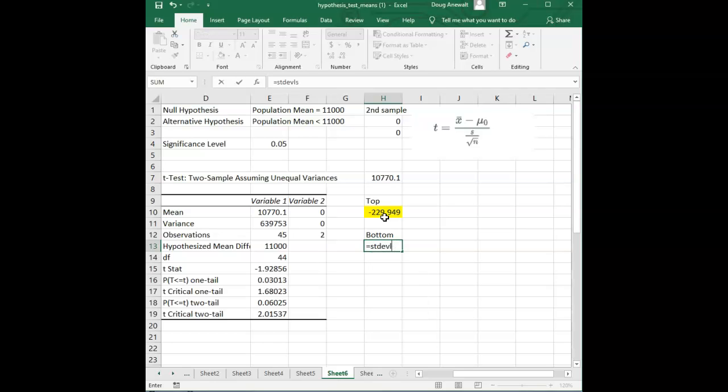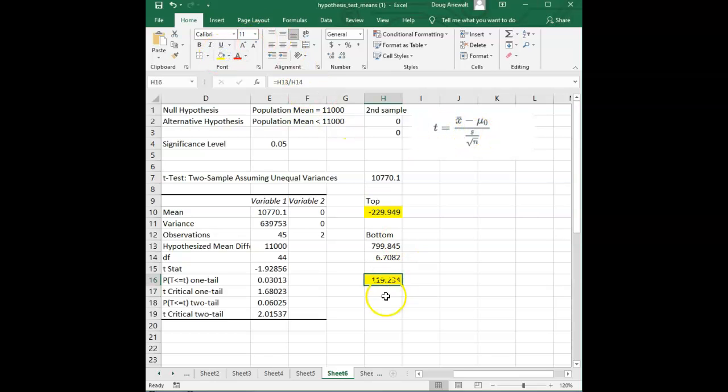Standard deviation dot S for sample, A1 through A45. And then you need to divide that by the square root of the sample size, which in this case is 45. So I'm going to take the sample standard deviation, divide by the square root of the sample size. That is my bottom value.